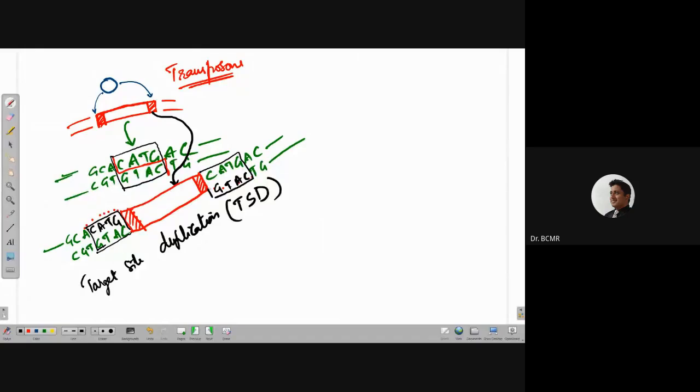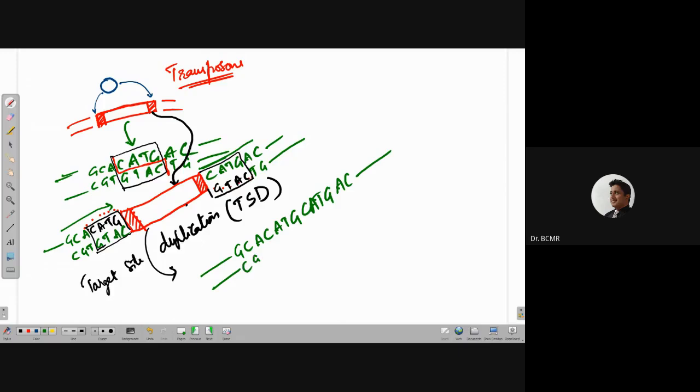Imagine now this transposon that is present here is moving out, by the cut-paste method. Assume that. What would the sequence then be? It will be GCA, CATG. I wrote this sequence, and now I'm going to write the other part. That will be CATG, AC.